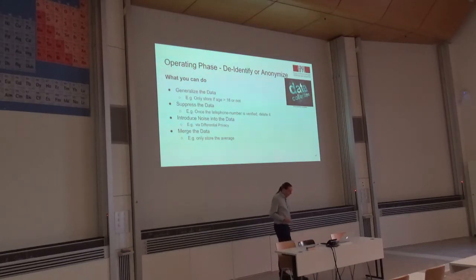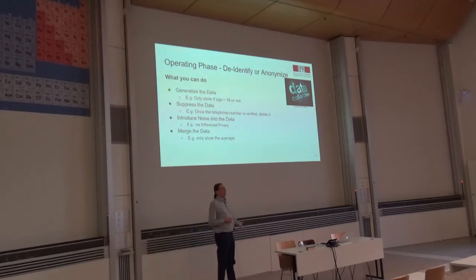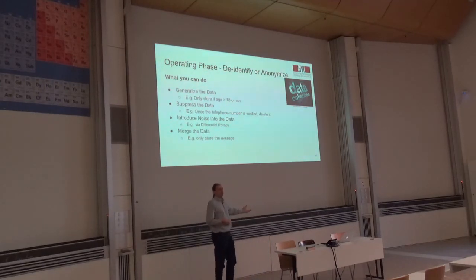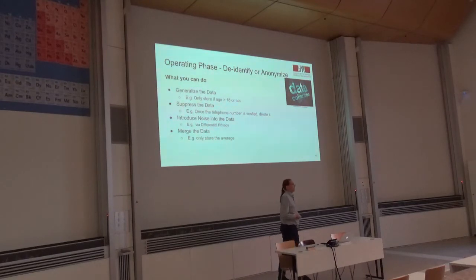And then, even though I just spent the first half of the lecture telling you why anonymization doesn't work, nevertheless, anonymization can still be a valid incremental protective measure, right?